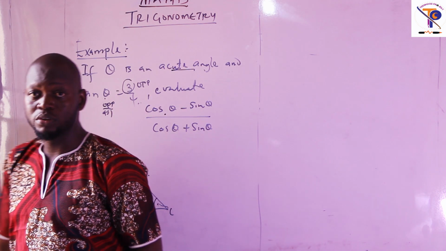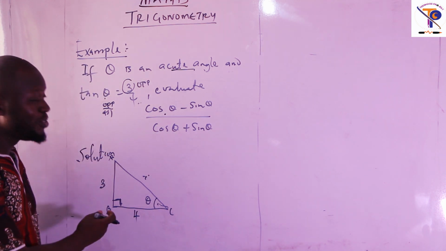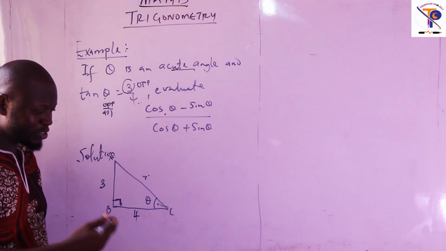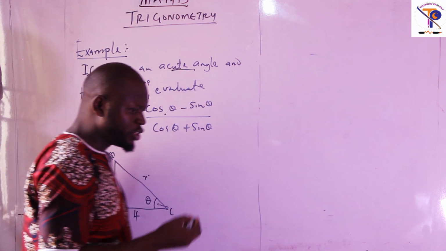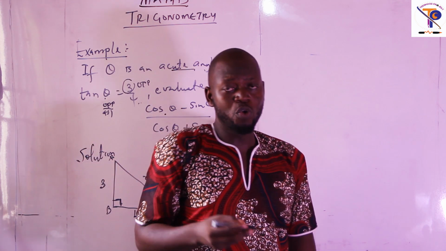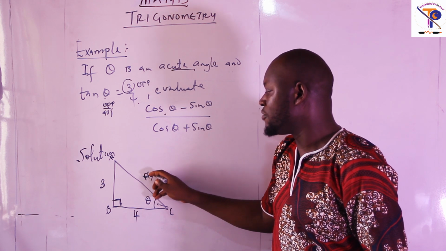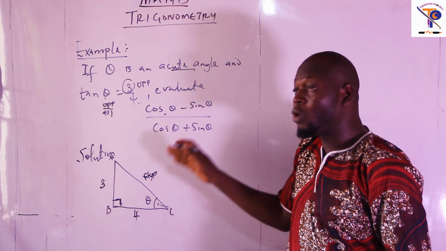A lot of people, some lazy students, I know you are not lazy, use only the values that have been given, but it is not right. You should know what you need. I am sure I am in need of this hypotenuse that I don't have. So I don't have to use only what I was given, I have to use what I need.